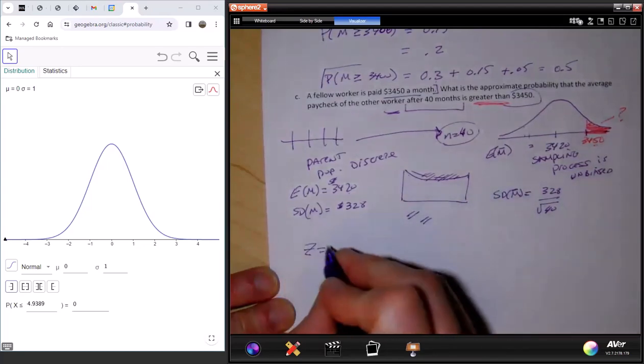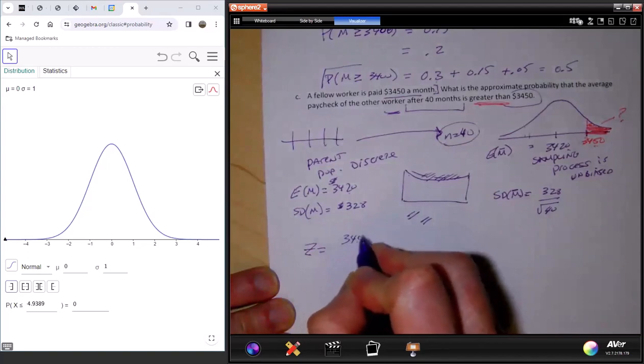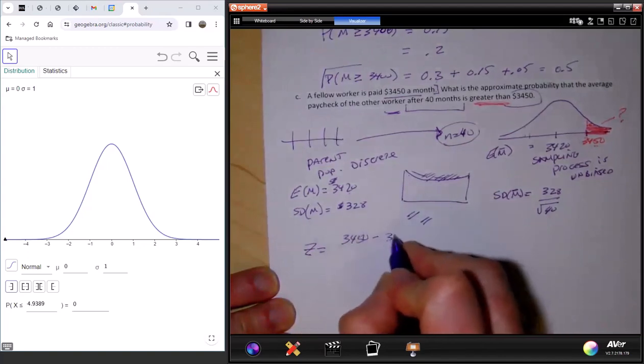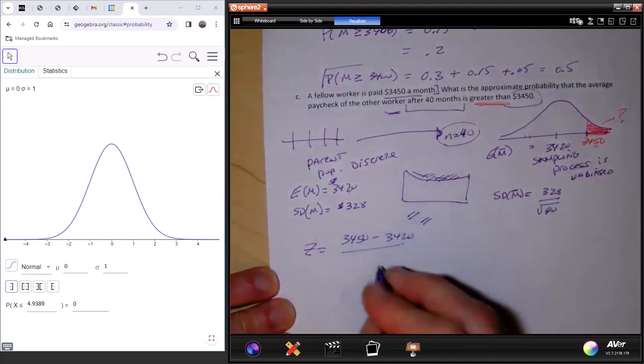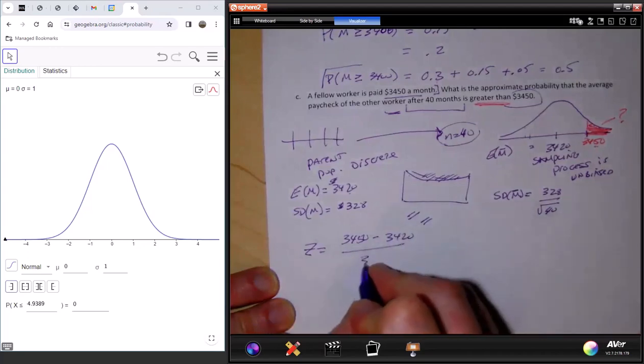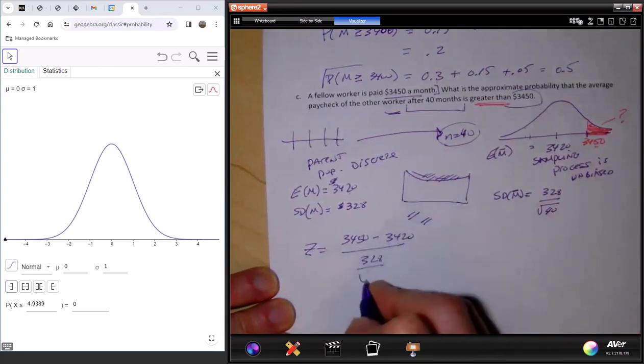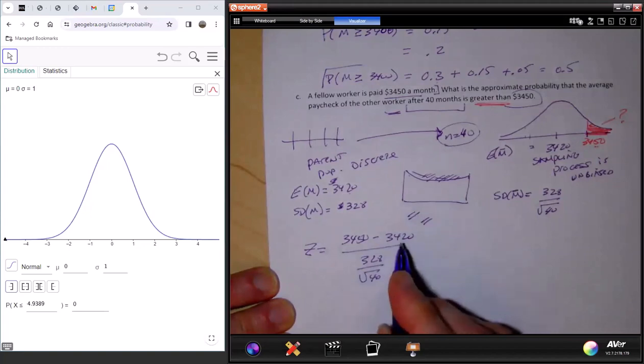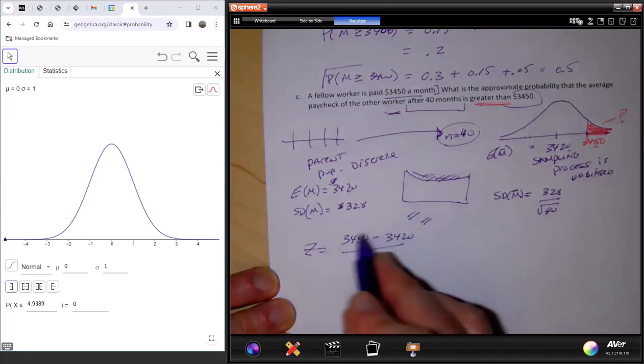So I'm going to get 3450 minus 3420. Again, I'm finding my z-score, and divided by 328 divided by the square root of 40. Again, I suggest that when you calculate these, you do it all in one shot.